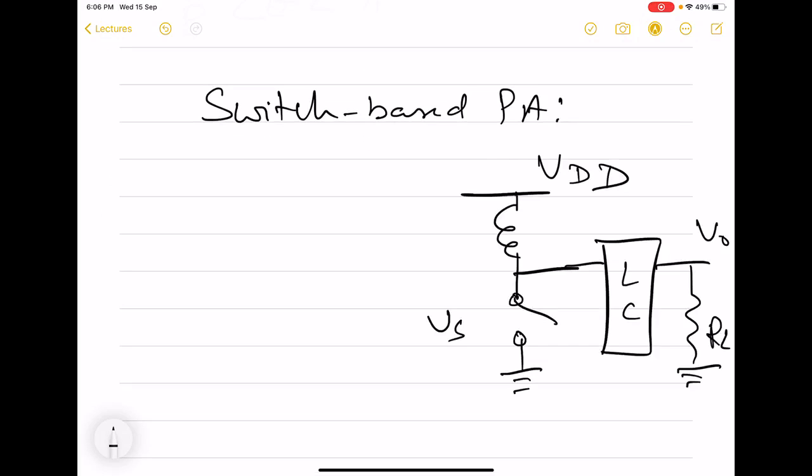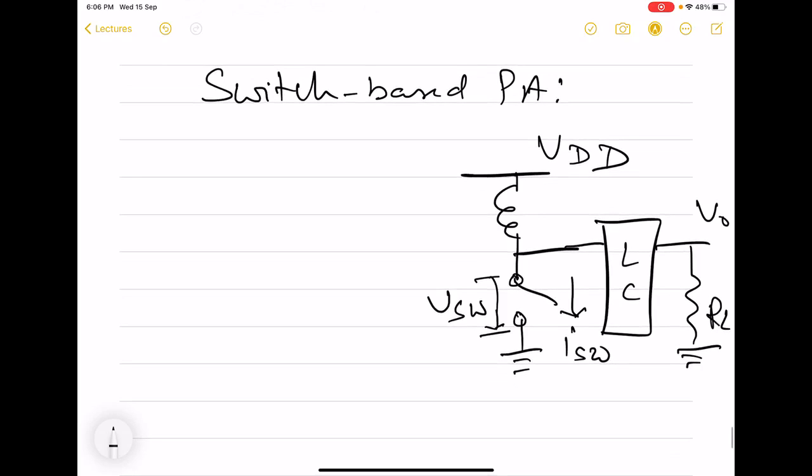So we know that if switch has a voltage VSW across it, and if current is ISW through it, then we know that when switch is on, in that case VSW is going to be 0. However, ISW is not going to be 0.